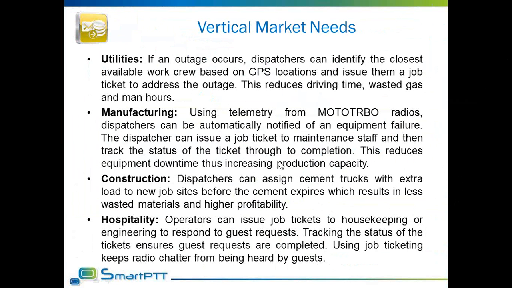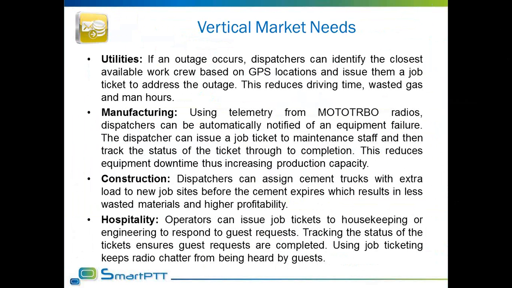Now, each different vertical market has different needs for job ticketing. For example, with utilities, after a storm you might have down power lines. You're going to have all your work crews out there working to reestablish people's power after the storm.